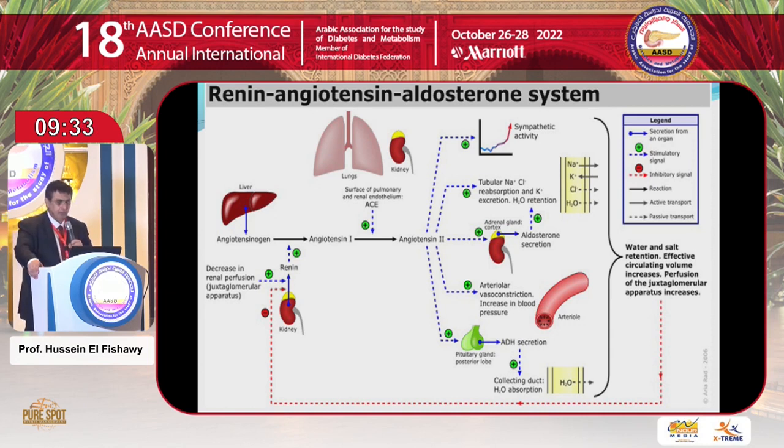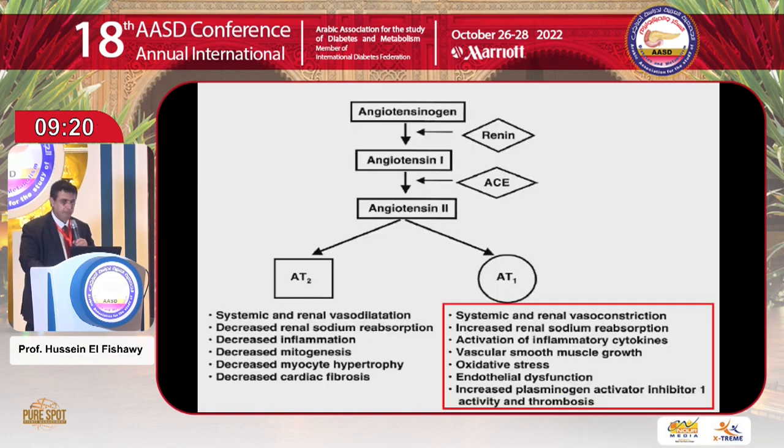It has a direct arterial vasoconstrictive effect with increase in blood pressure, and increases ADH and thirst sensation, so that it will cause salt and water retention, which may lead, of course, to increased volume overload and hypertension.